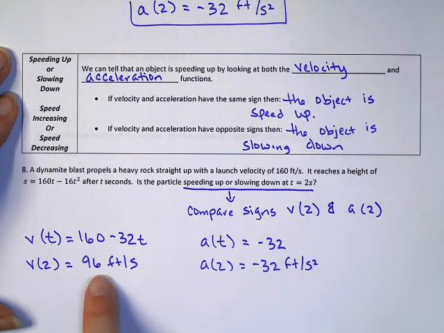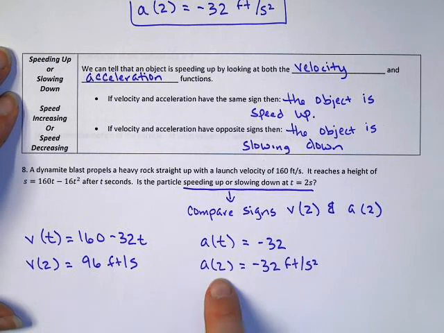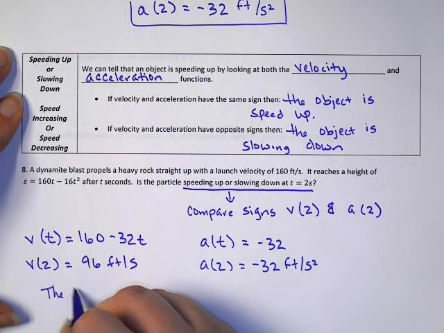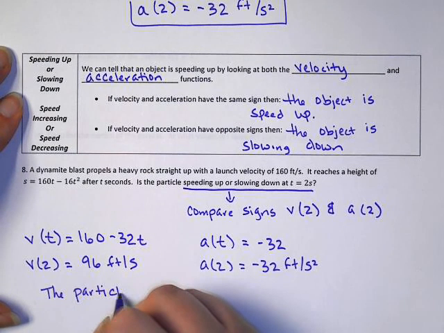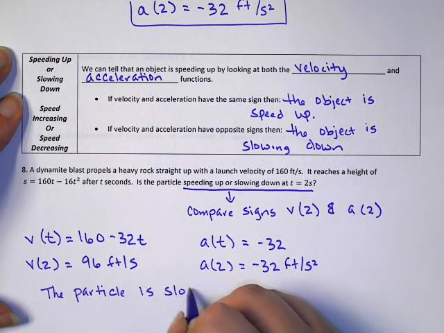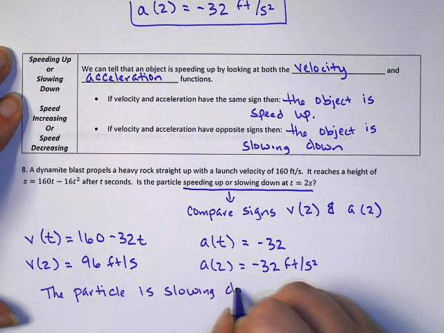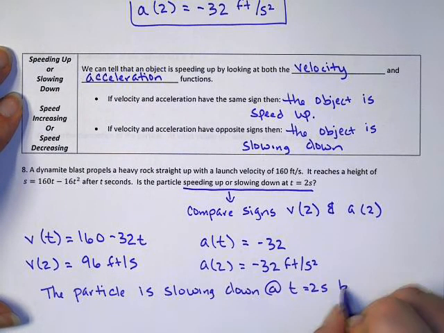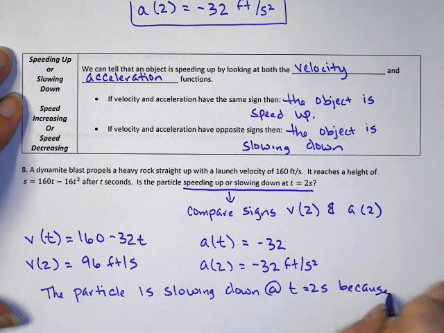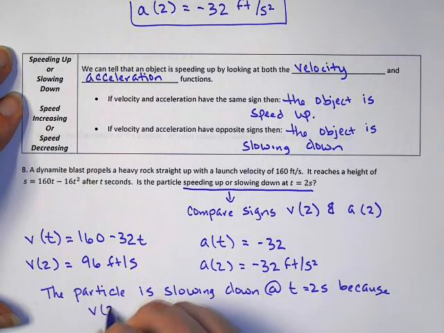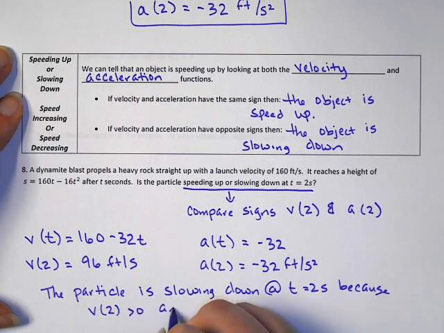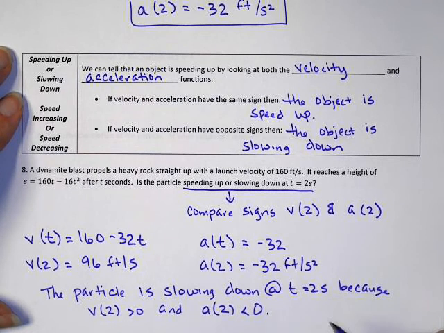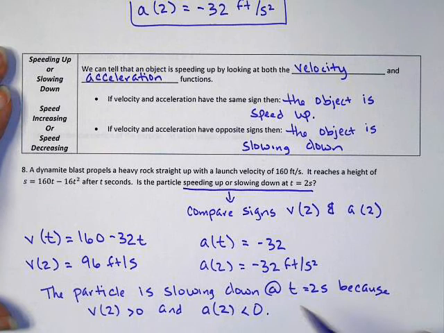And when we look, the velocity at 2 is a positive 96, the acceleration at 2 is a negative 32, so we can say then that the particle is slowing down at time t equals 2 seconds because the velocity at 2 is greater than 0 and the acceleration at 2 is less than 0. So since those are different signs, we know that the particle is slowing down.